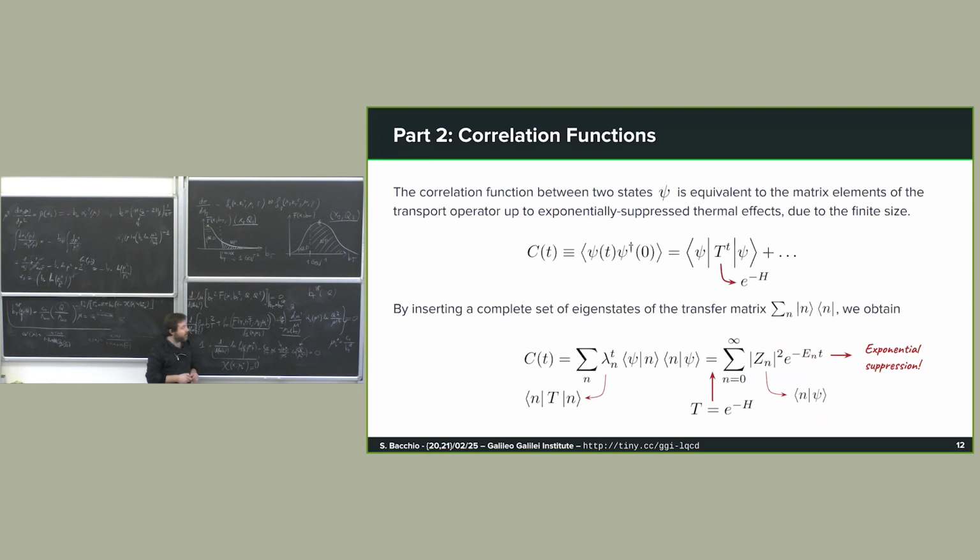Why is this very important? It's very important because when we measure the correlation of an observable, for instance separated in time, this correlation at leading order is given by the matrix element of the transfer matrix to the power t, as many times as we separate, where t is the distance between the two.